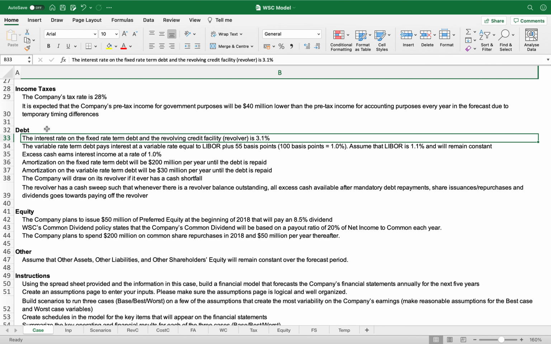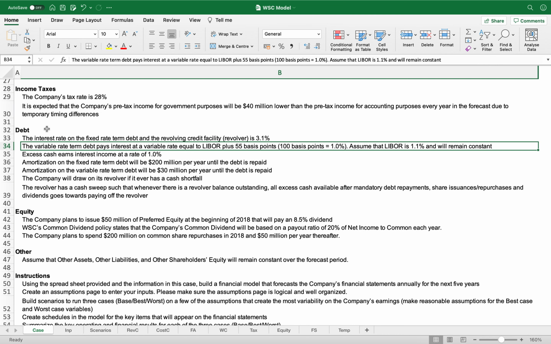Okay, but then what on earth is revolver? So we will talk about this revolver concept while we are doing the debt computations. Just stay with me, just hold on to this revolver concept, and we'll do this once we are done with some of the computations. Okay, fair enough.